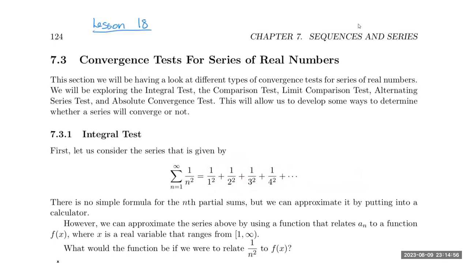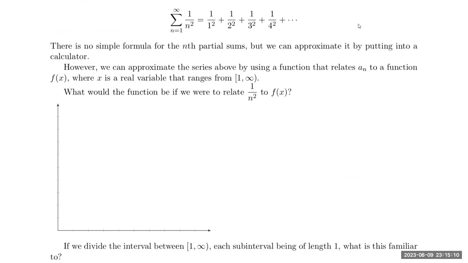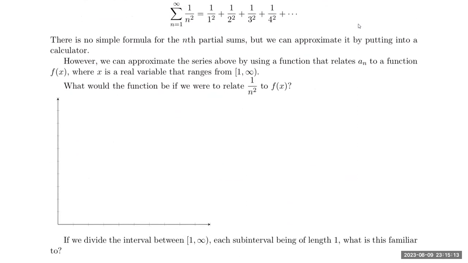However, we can approximate the series above by using a function that relates to a_n, where f of x, where x is a real variable that ranges from 1 to infinity. So in this case, what would the function be if we were to relate 1 divided by n squared to f of x? Well, let f of x be equal to 1 divided by x squared.